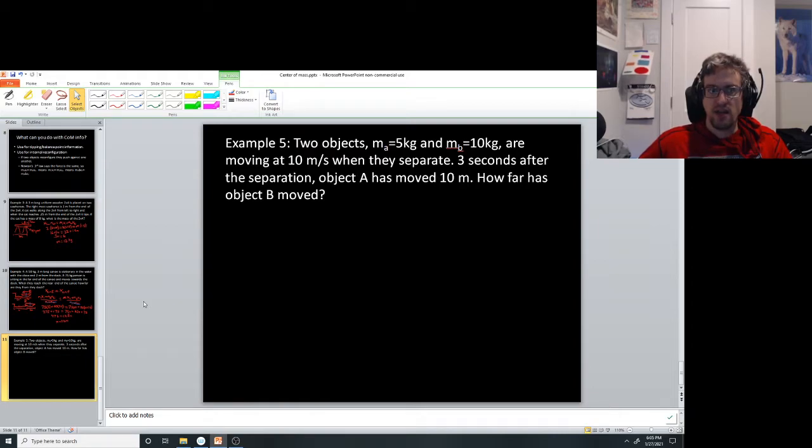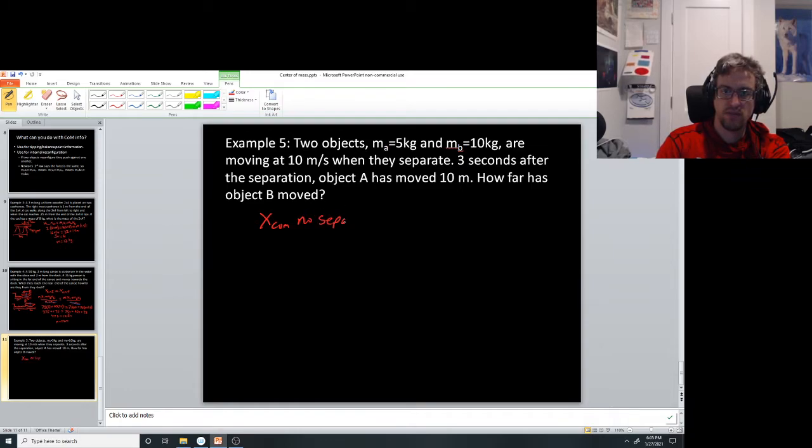Now what that means is that the X center of mass keeps moving. The center of mass, where it would have been if they hadn't separated, with no separation, is equal to the X center of mass with separation.